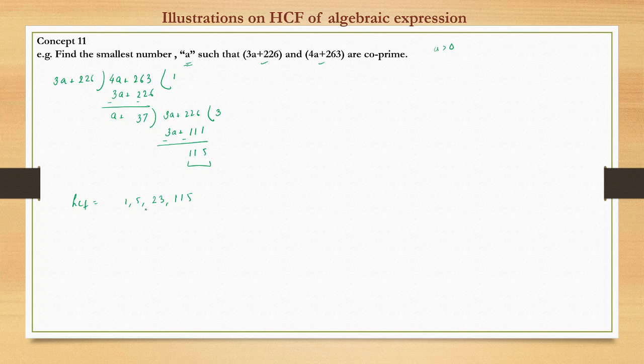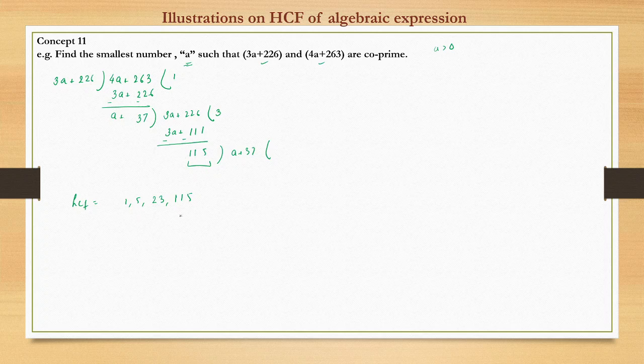These are the possible HCF. Okay. So when would be a case where this is co-prime? It means that 115 should not divide a plus 37, right? So the next step would have been a plus 37, right? So if a plus 37 is divisible by 115, then 115 becomes the HCF, but we don't want that.